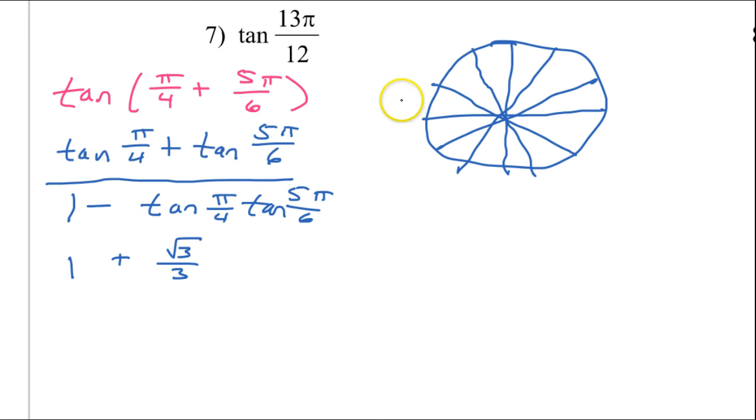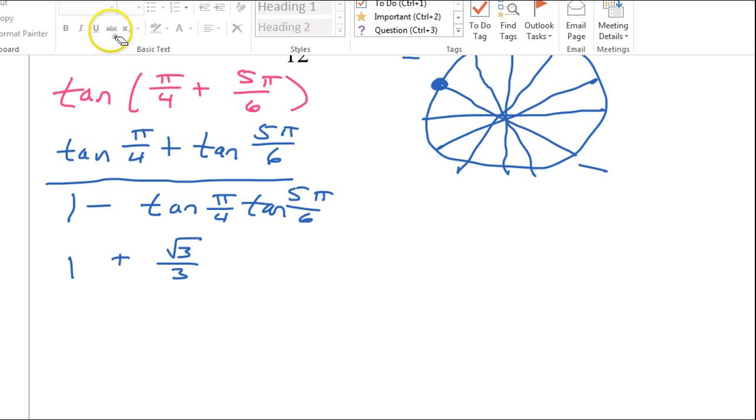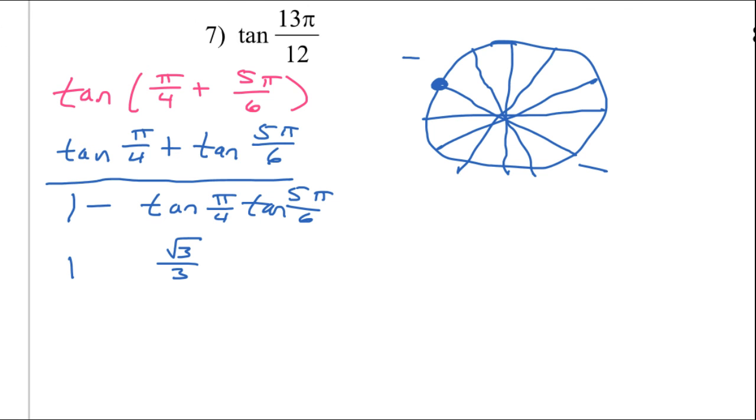Okay, so 5 pi over 6 is right here in the second quadrant, and tangent is negative in the second quadrant. Okay, so instead of positive radical 3 over 3, I'm going to go ahead and erase that and put minus radical 3 over 3 because it's negative.